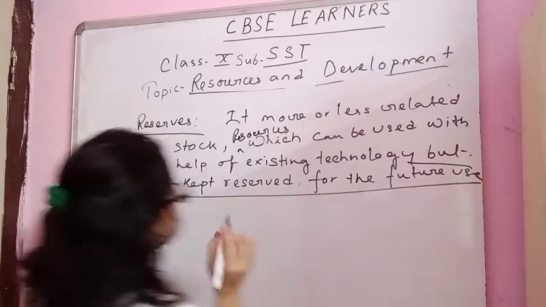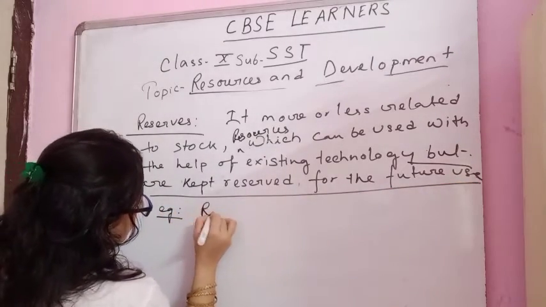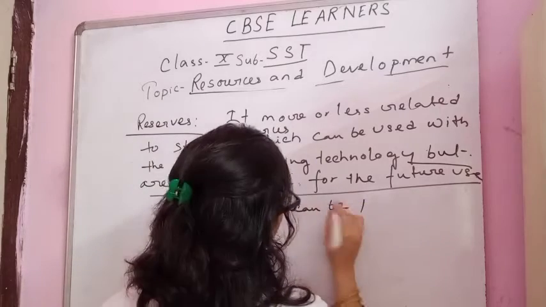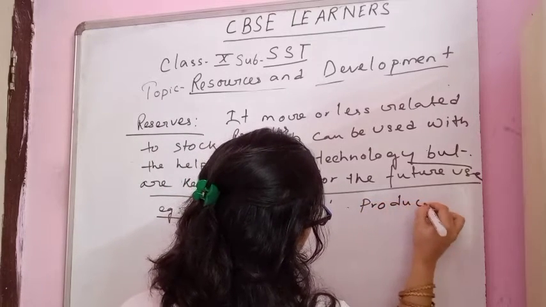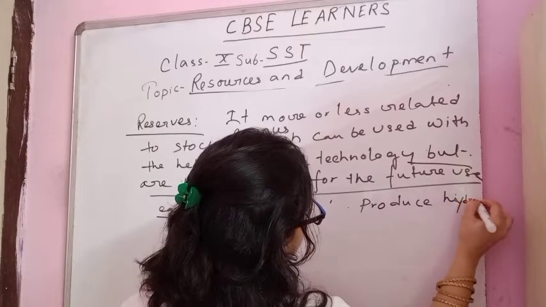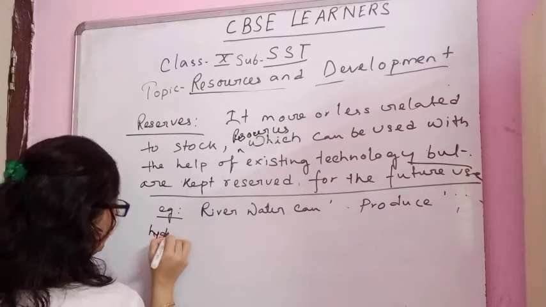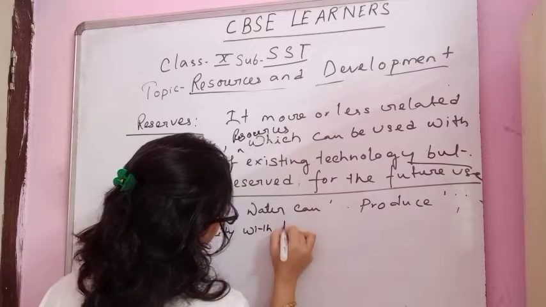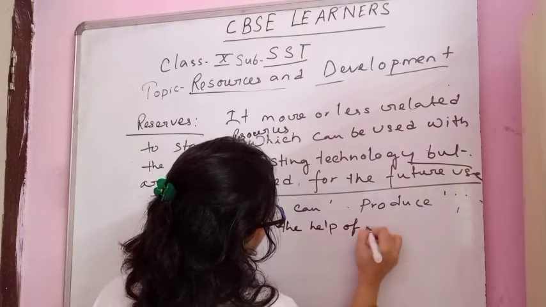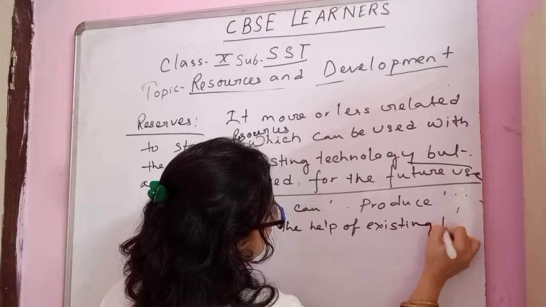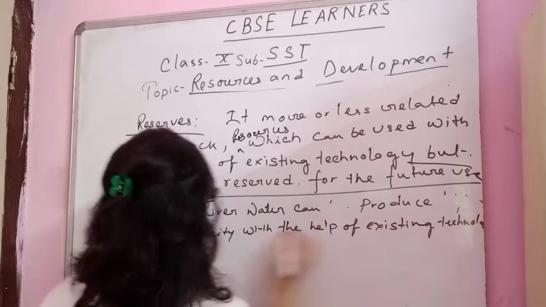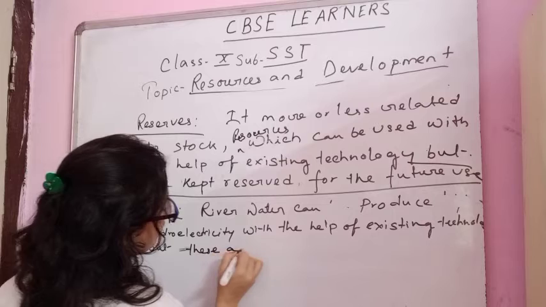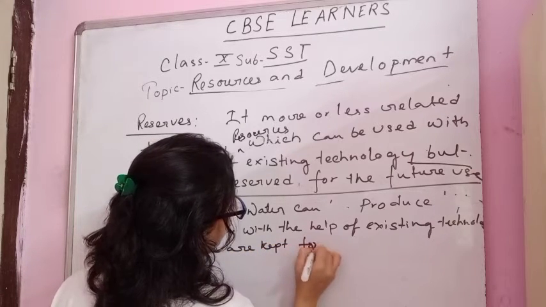For example, river water can produce hydroelectricity with the help of existing technology, but these are kept for future use.